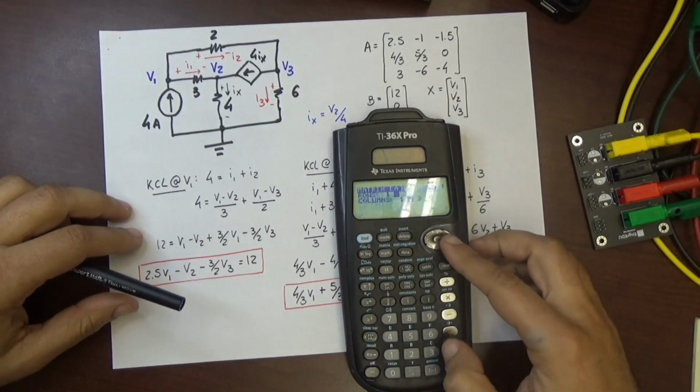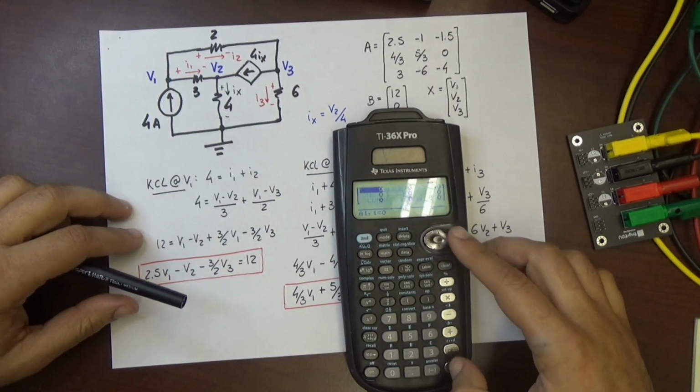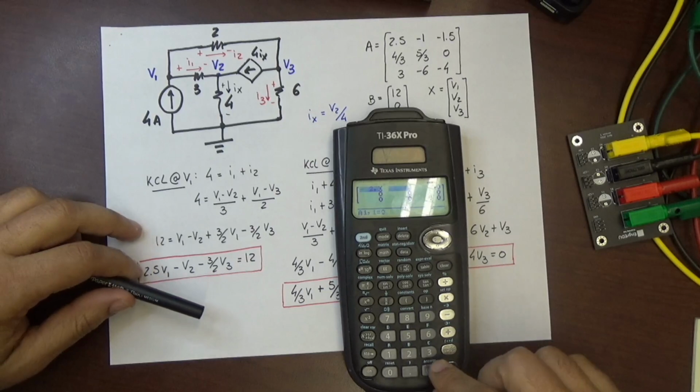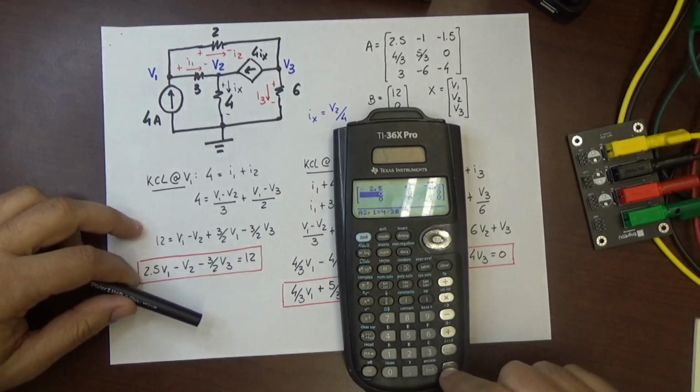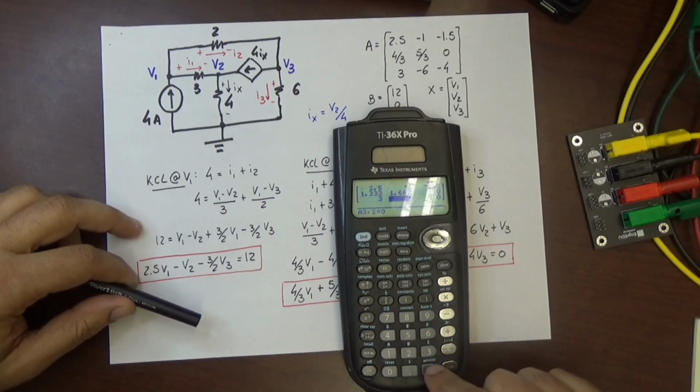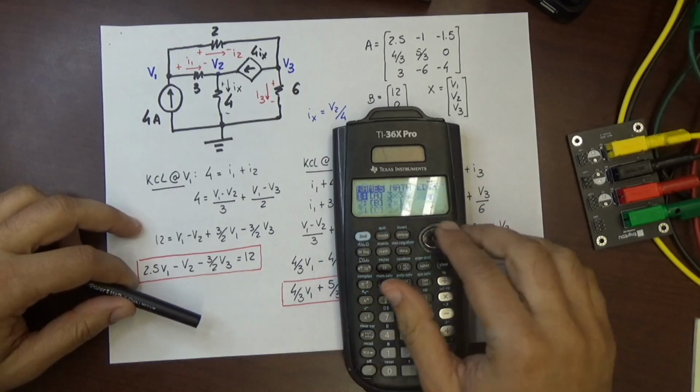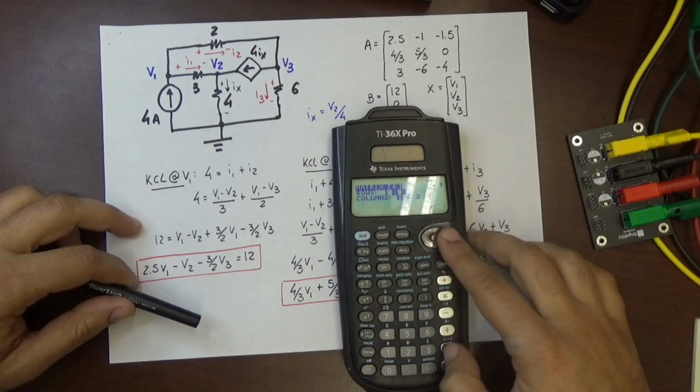All right, so it's a 3 by 3: 2.5, minus 1, minus 1.5, 4 divided by 3, 0, 3, minus 6, minus 4. All right, let's do also matrix B, which is a 3 by 1 with 12, 0, 0.